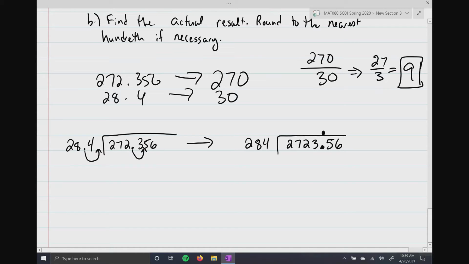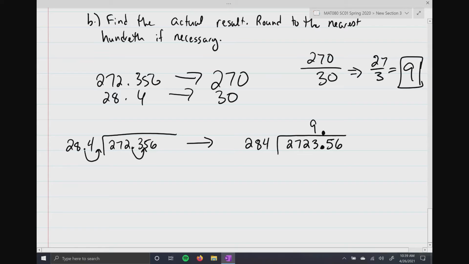So 284 times 8 is 2,272. I could definitely get closer. 284 times 9 is 2,556. That's as close as I'm going to get. In other words, 284 goes into 2,723 9 times.